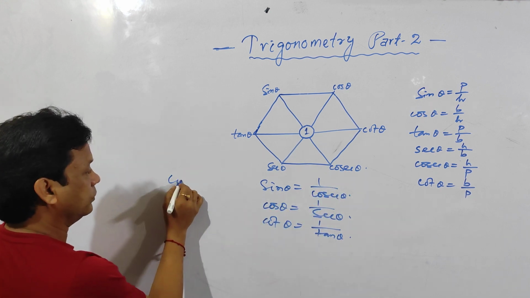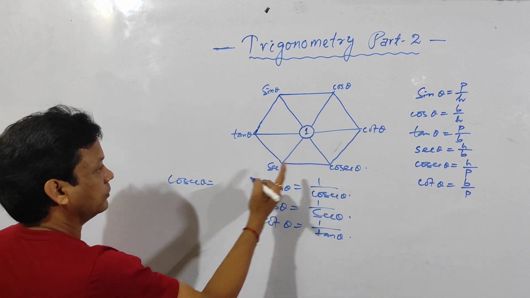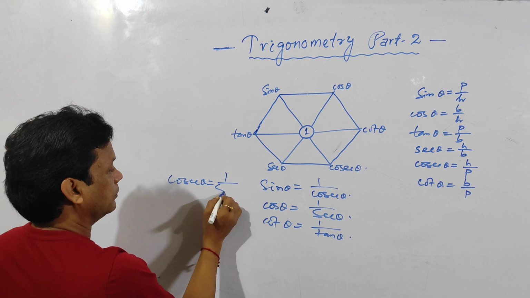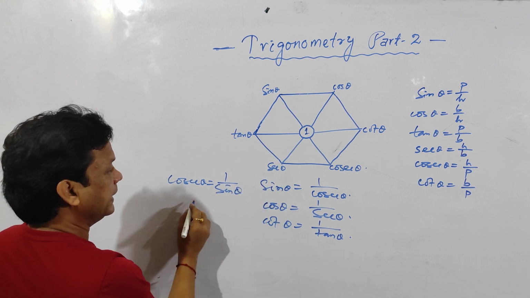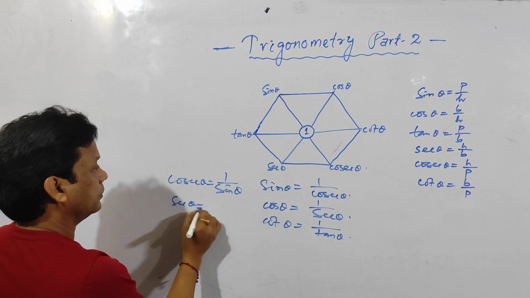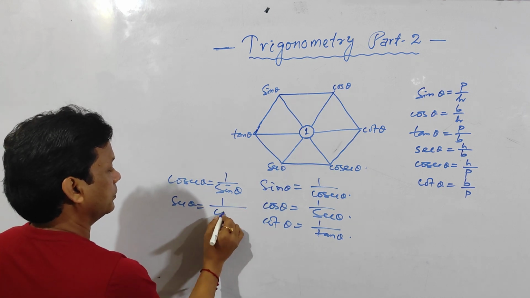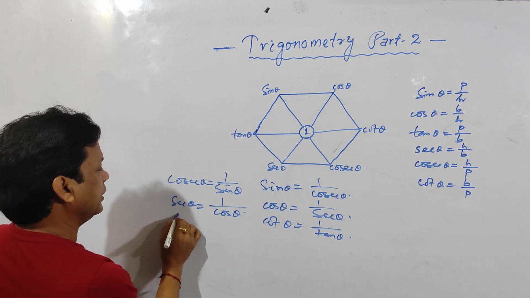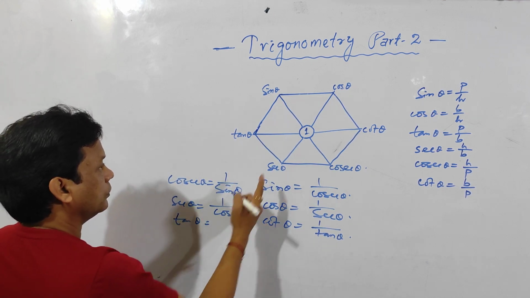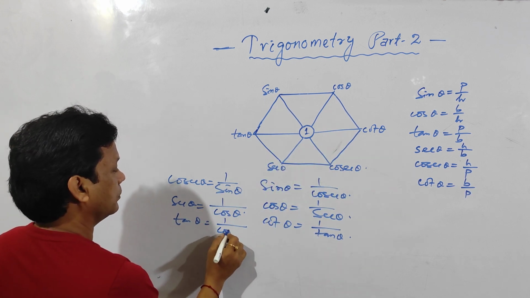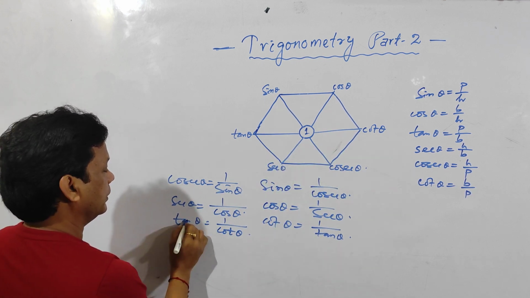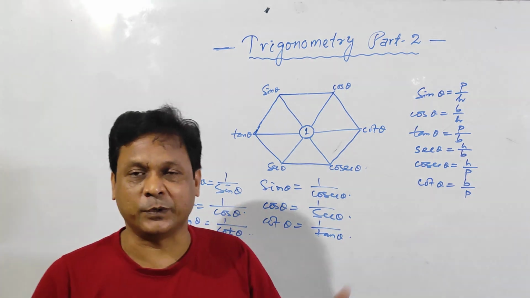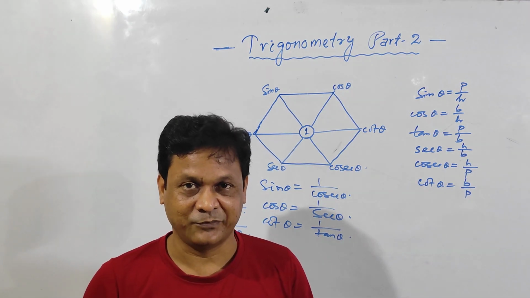Then cosec is equal to 1 by sin. Sec is equal to 1 by cos. And tan is equal to 1 by cot. Clear? Again we have got 6 more formulas.